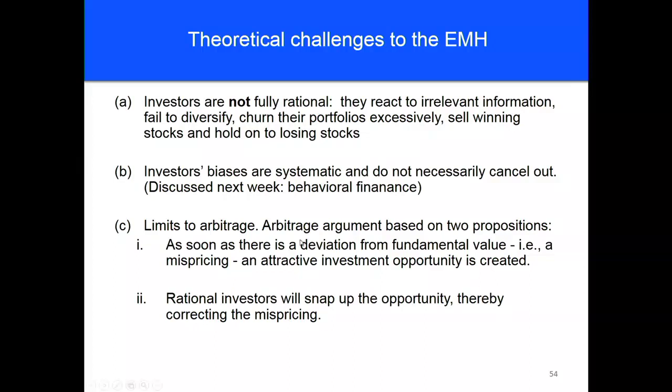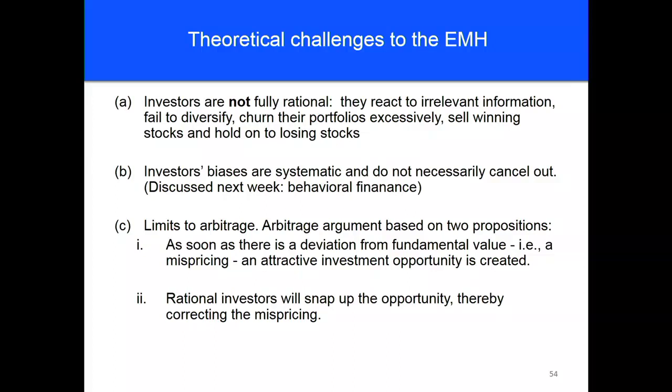So just to go back to limits to arbitrage, this is the third limb of the argument. The argument is that if there were dumb investors, noise investors, pushing up the prices, the smart investors will keep on selling their stock to the dumb investors, so that'll bring down the price.